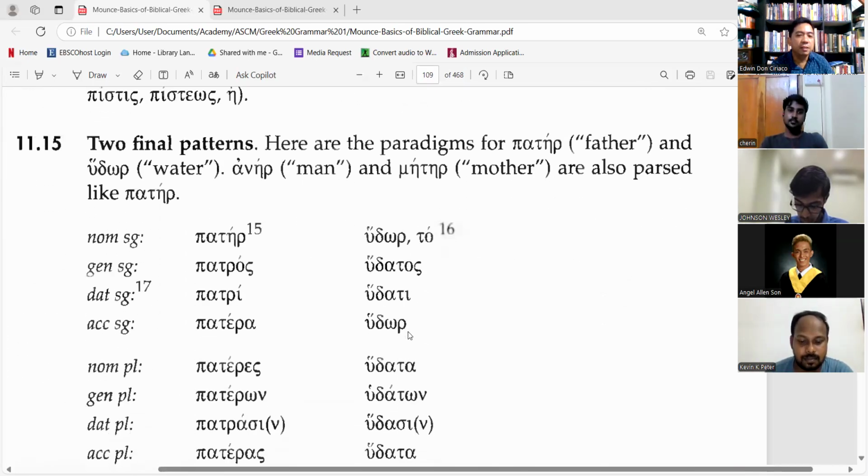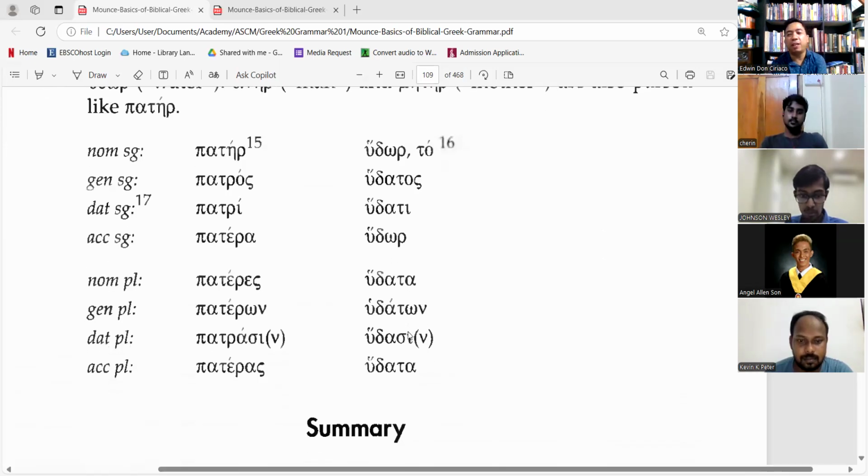Okay. And then the word pater or father, okay? Pater, patros, patri, and then patera, okay? And then pateres, pateron, patrasin, pateras. It's really the ending that is not thoroughly different.